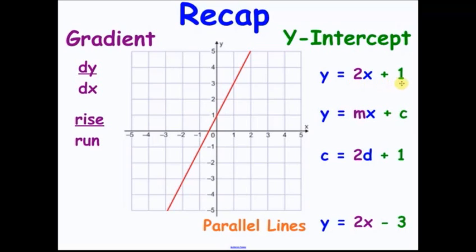So in this case, it's +1. In mathematics, before we've calculated our gradient and our y-intercept, we use the algebra phrase y equals mx plus c. And this is a formula because we don't know either of the values for m or c at this point.